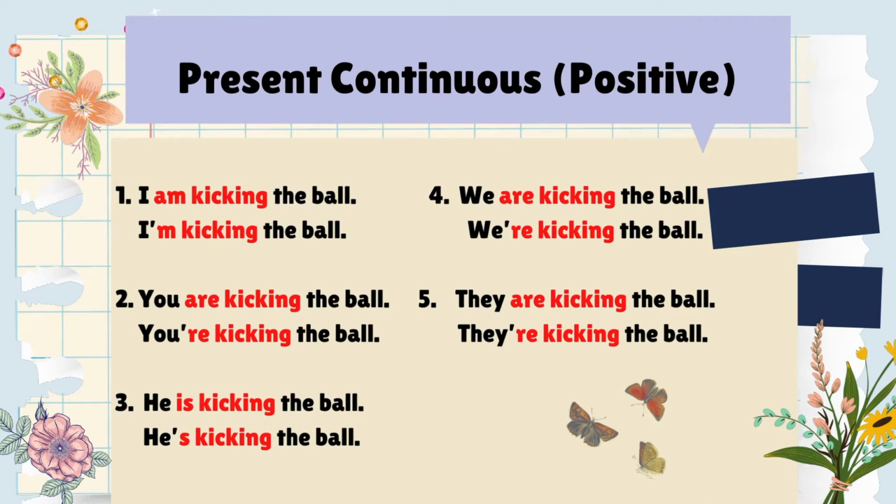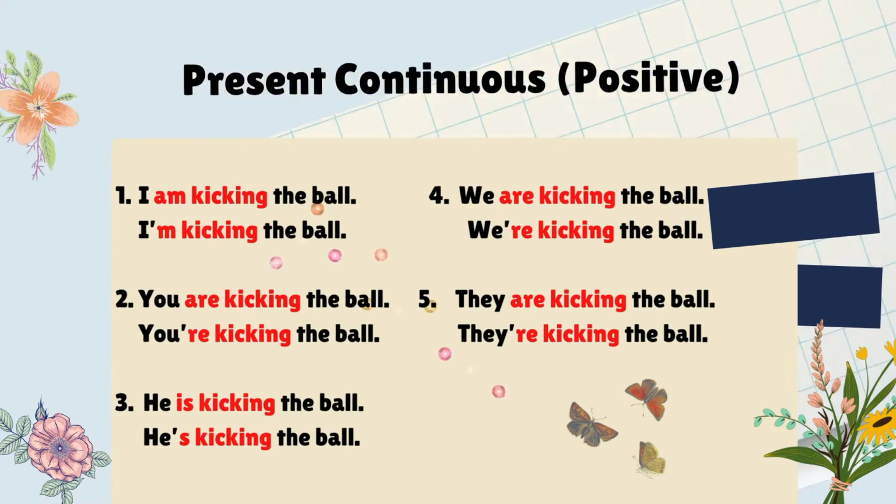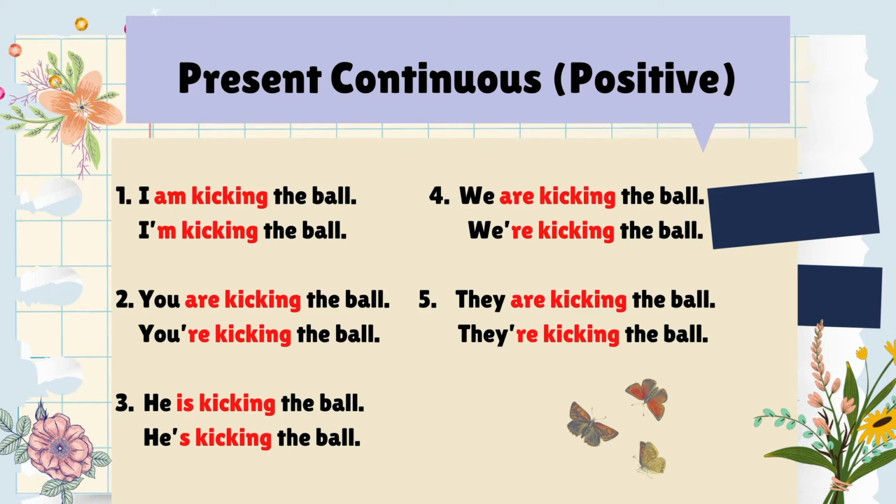Now, let's take a look at the example. I am kicking the ball. I'm kicking the ball. Can you see the difference between full form and short form? Yes, that's right. The upper one is the full form and the lower one is the short form. Let's take a look at another example. Number 2, you are kicking the ball. You're kicking the ball.